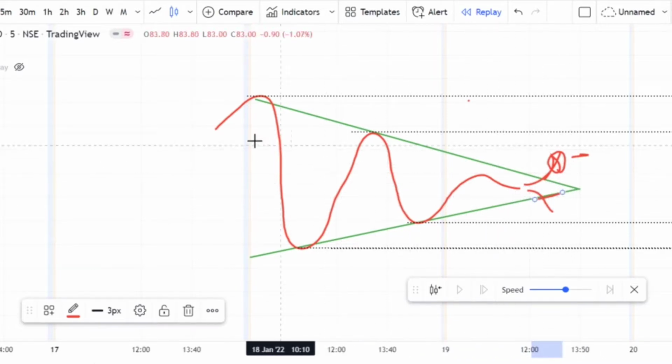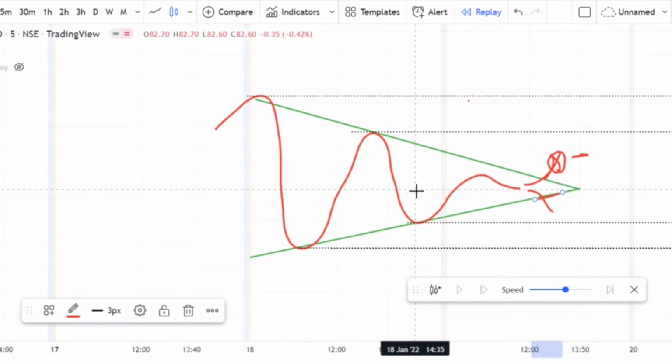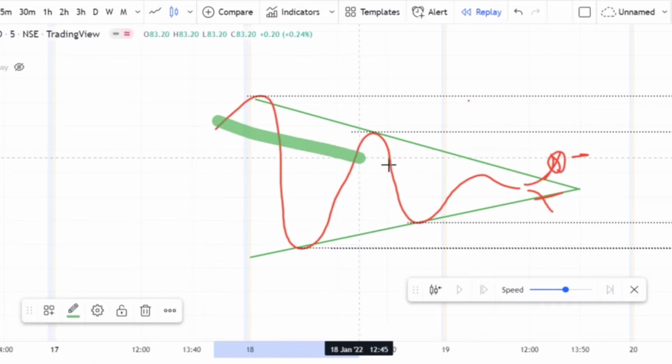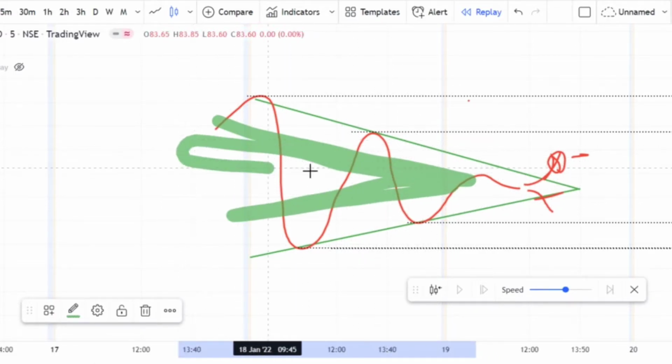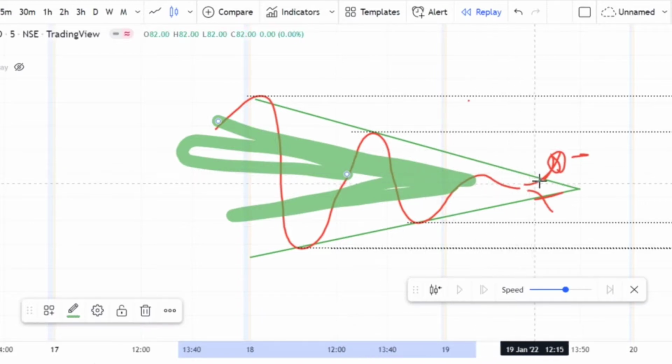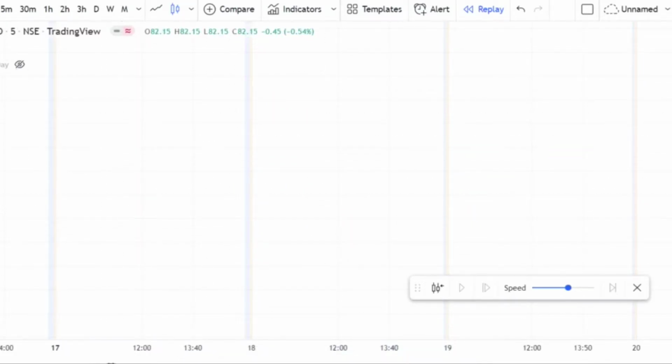Also, if you are a beginner or you do not know where to enter, do not take part in this war of bears and bulls, right? Just have some patience and wait for the breakout or break down, right, to have some gain in this pattern, right? Let me remove all this drawing and let's get to another pattern.